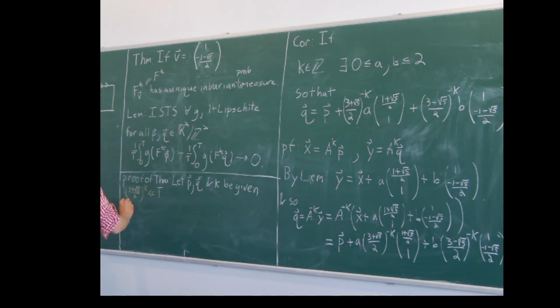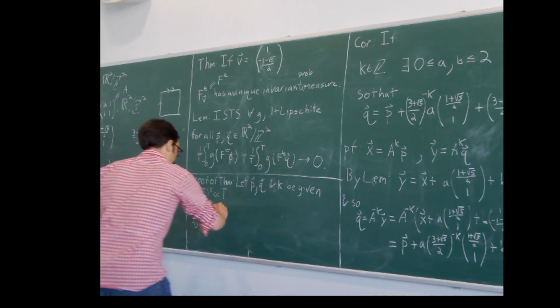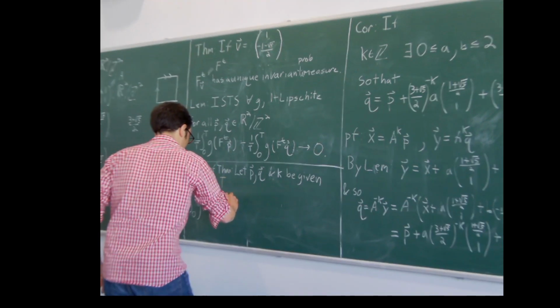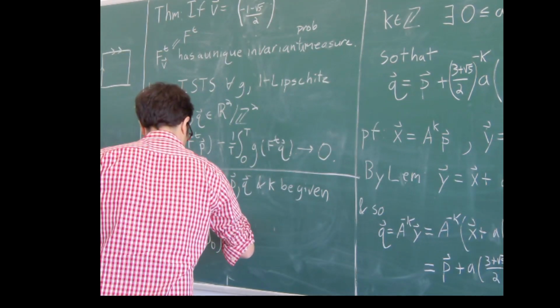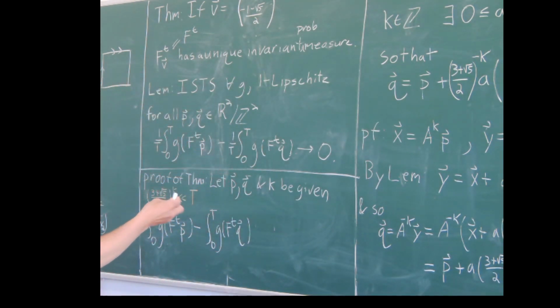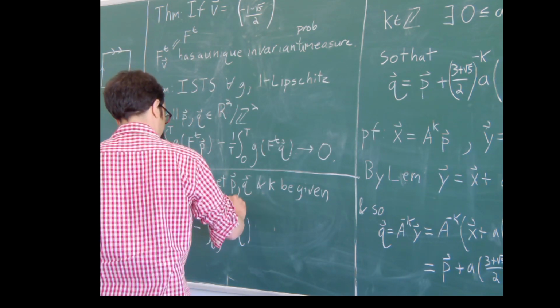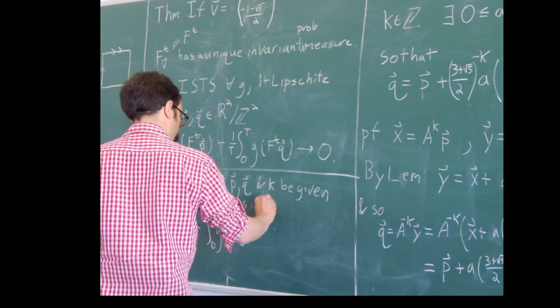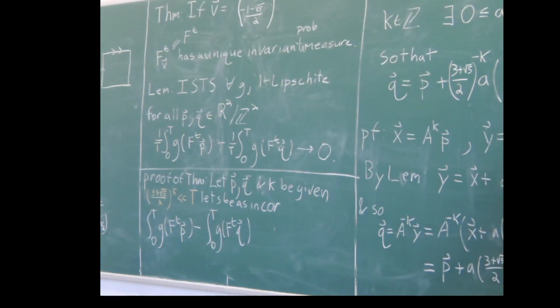So now I want to estimate the integral from 0 to t of g of f to the t of p minus the integral from 0 to t of g of f to the t of q. And let S be as in the corollary.